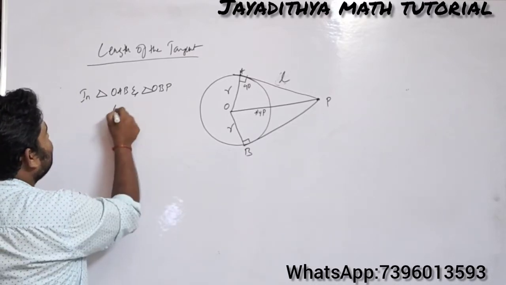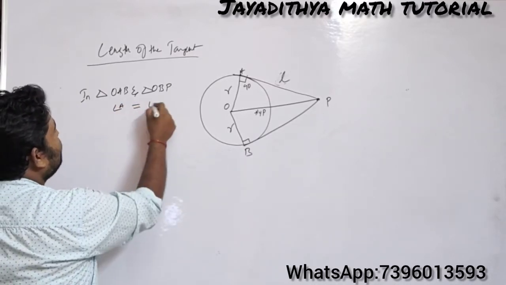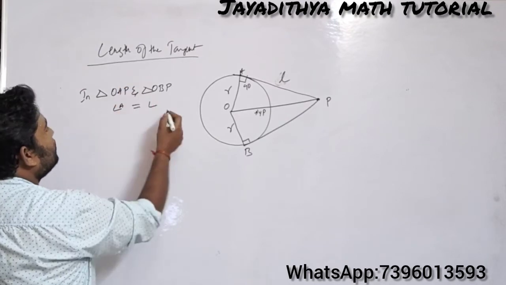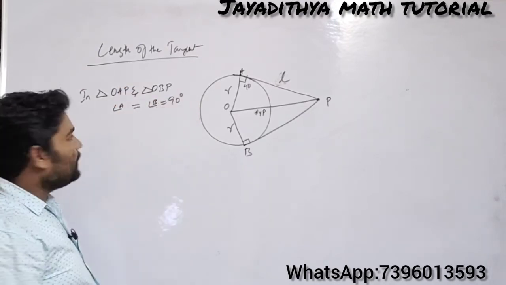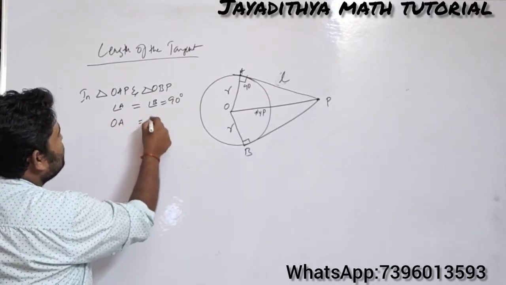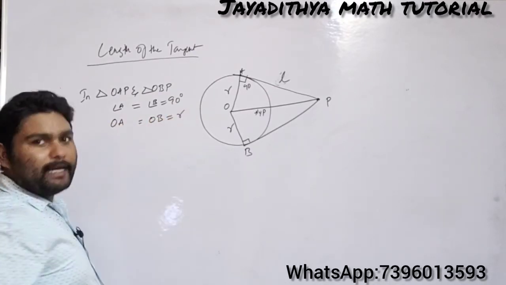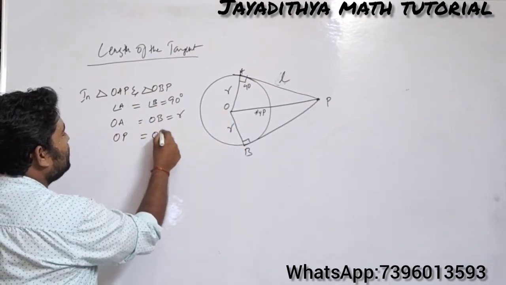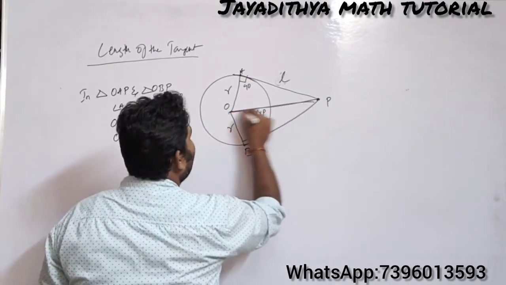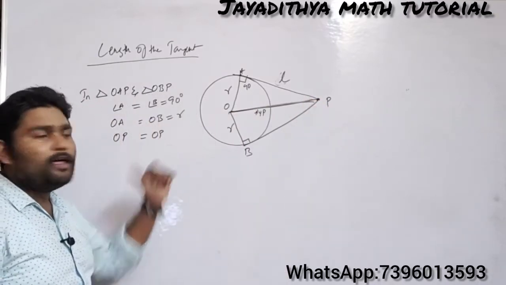You can understand that angle A is equal to angle B, which is equal to 90 degrees. You can also observe OA is equal to OB, because it is the radius of the circle. And for both the triangles, you can observe a common side here, that is OP is equal to OP. OP is the common side for both the triangles.